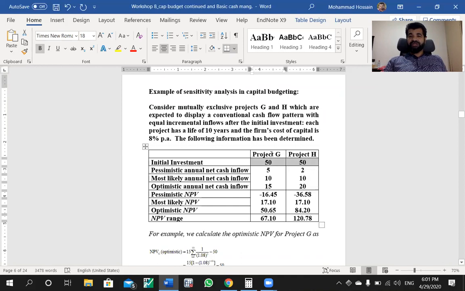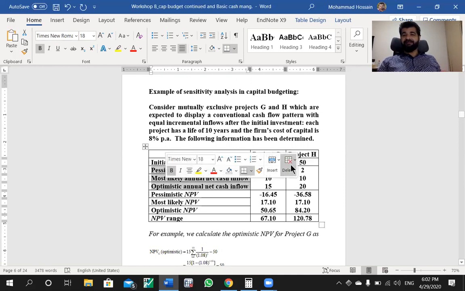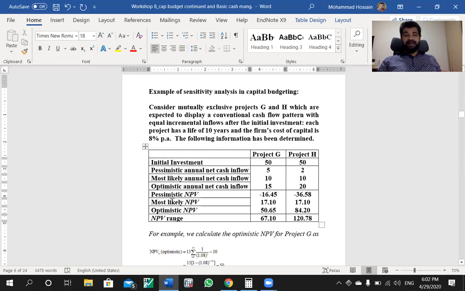So we have two projects, project G and project H. If the situation is really bad, they are giving us three situations here: pessimistic, most likely, and optimistic. How much will our cash flows be? And the net present value of these three situations, we will calculate by a formula.